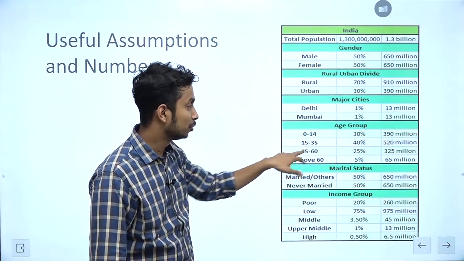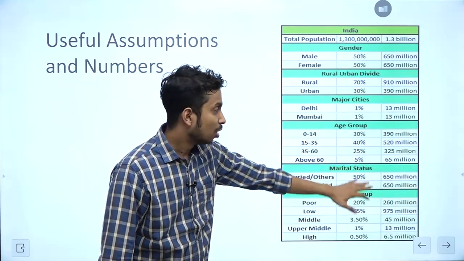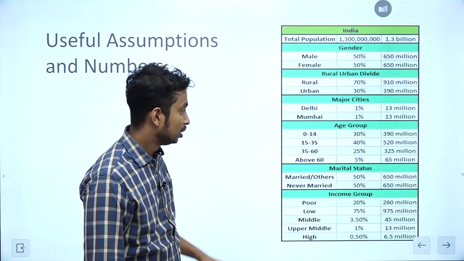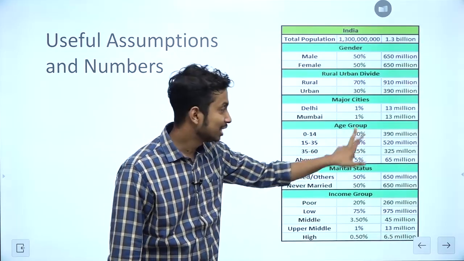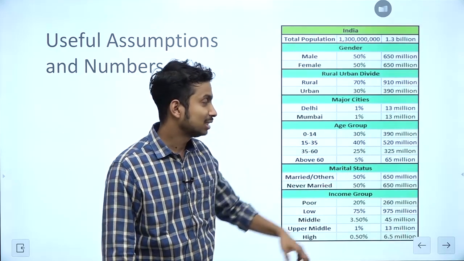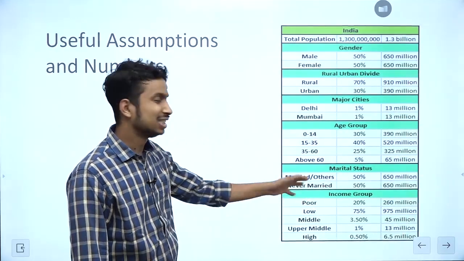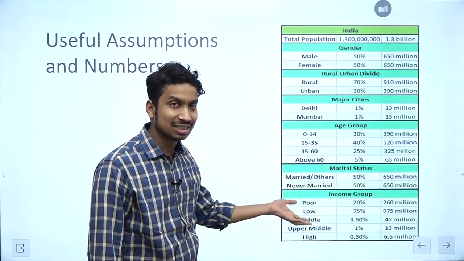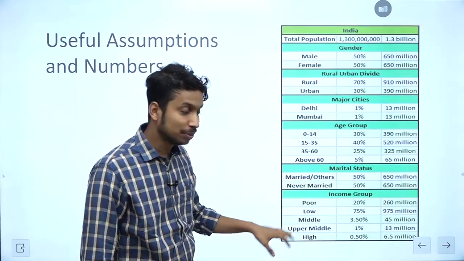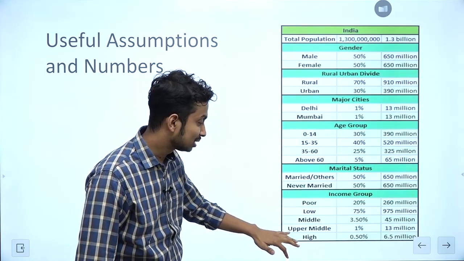Age groups: 0 to 14, 15 to 35, 35 to 60, above 60. How many percentage of people are there? You can see below 35, 70% of people in India are there, and the rest 30% is above 35. Marital status comes up very rarely in a guesstimate, and this is the most important one, the income share: poor, lower middle class, upper middle class, and high.